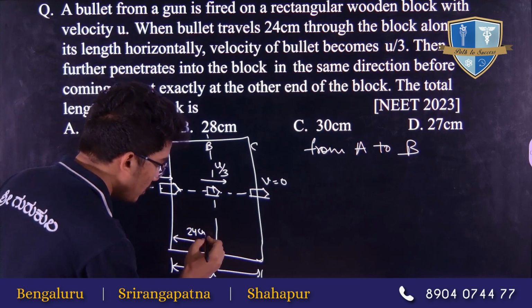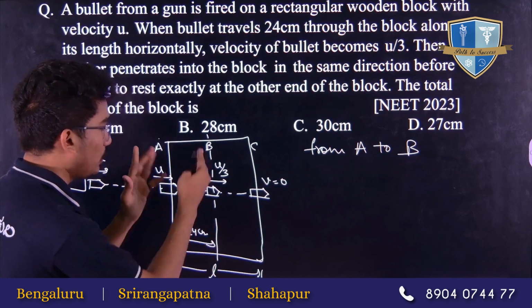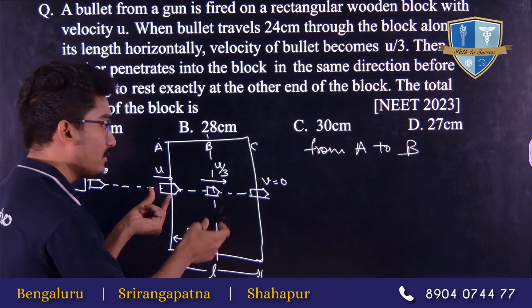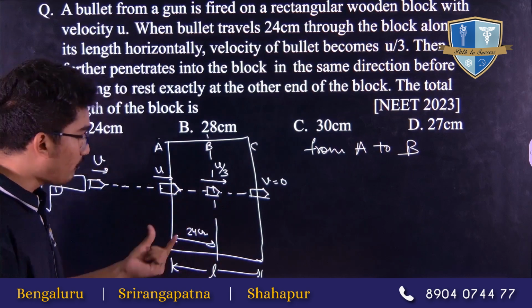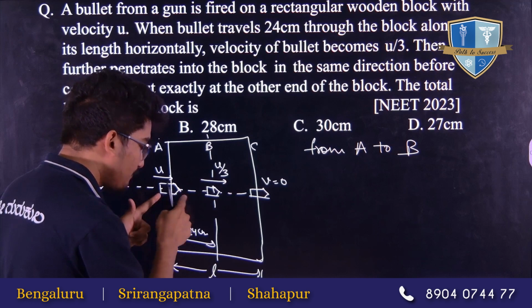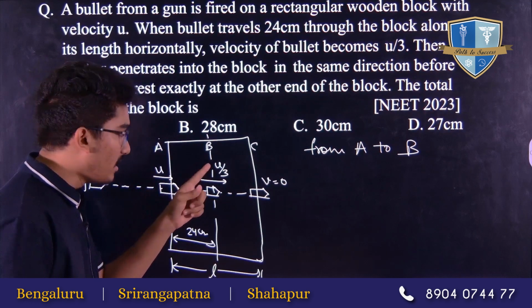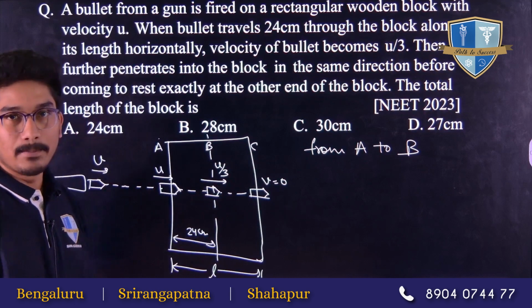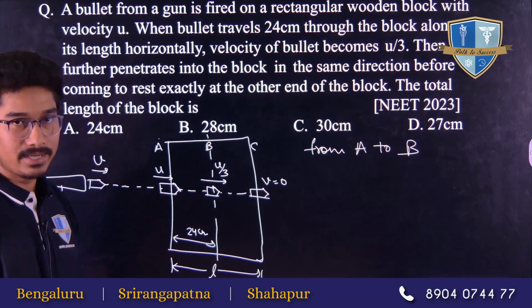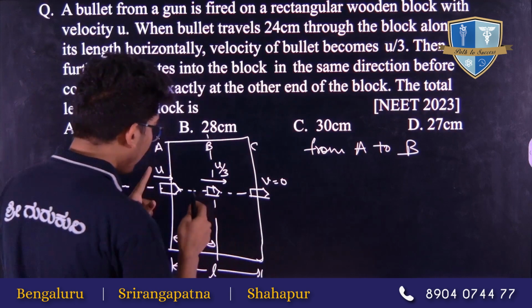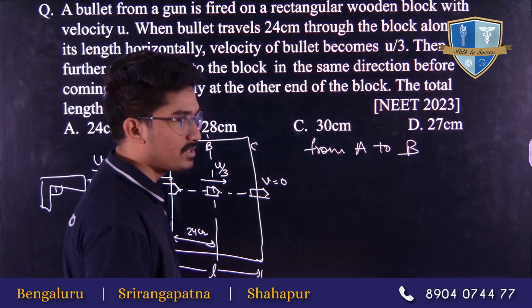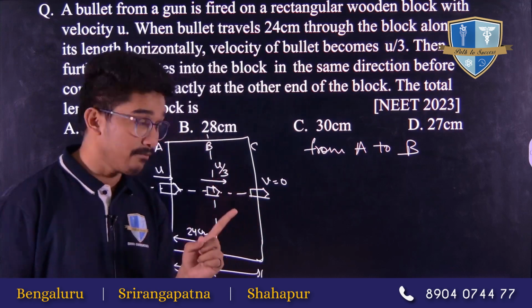We know displacement in this interval from A to B, we have initial velocity, we have final velocity. And we understood that this bullet is slowing down. Initially the velocity was more, finally the velocity reduced, means some deceleration is there, correct? So we have initial velocity, final velocity, and displacement. Which formula can we use which has all these three?